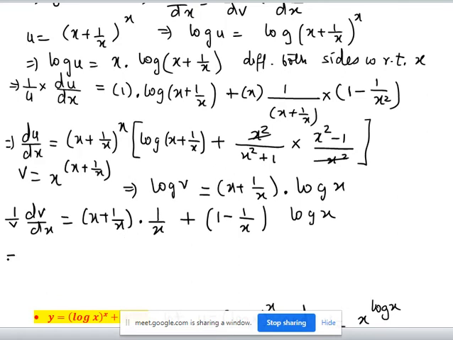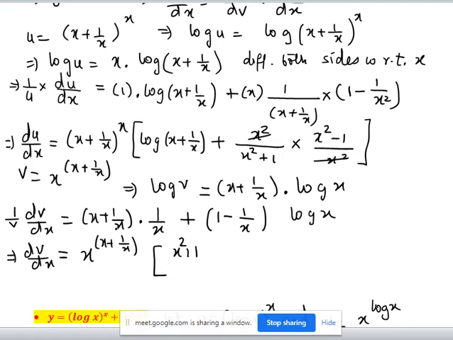Now write for dv over dx. dv over dx will be v, we have to cross multiply. And what is v? v is x raised to the power x plus 1 over x. So this times the expression on the right hand side we obtained. Simultaneously simplify it also. See, if I take LCM here, it will be x square plus 1.